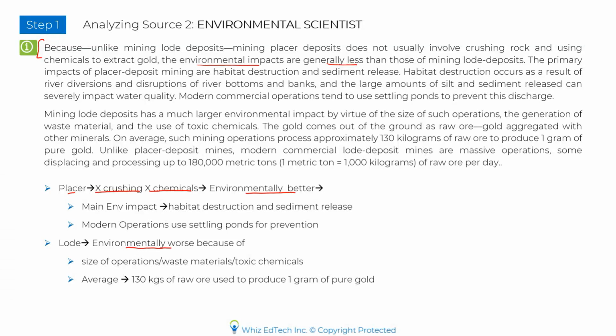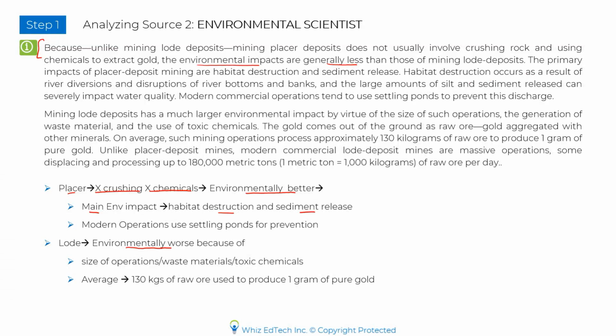All right. Primary impact of placer deposit mining is habitat destruction. So what is the primary side effect of using placer mining? Habitats are destroyed, sediments are released. If this is the primary impact, main impact, that means there must be additional impacts also.